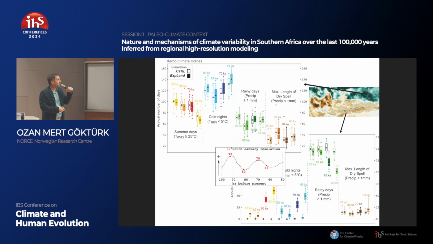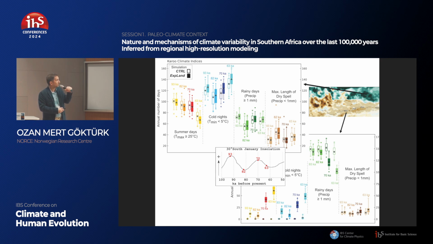By the way, these solid bars show the climate indices when the coastline is included in our modeling, but the hollow bars show the changes when the coastline is excluded. So when the coastline is excluded, as you see at Blombos Cave, there is not much signal.